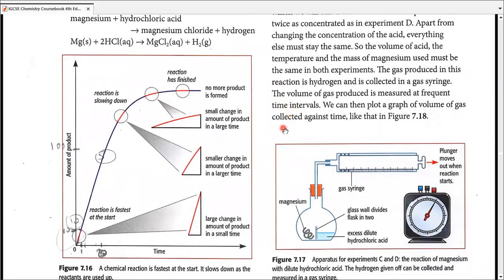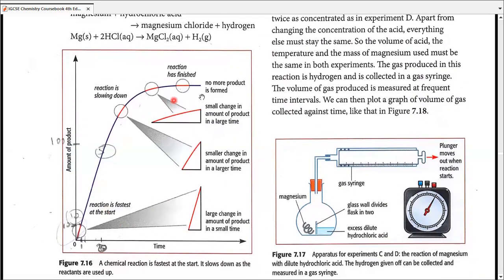We are going to explain the whole curve that we usually get in the graph by what is happening in the reaction. Now, this is a deeper detail of what's actually happening in the reaction, or why the reaction is behaving differently at different points. We should start at the bottom. It gives us the idea that the reaction is fastest at the start.